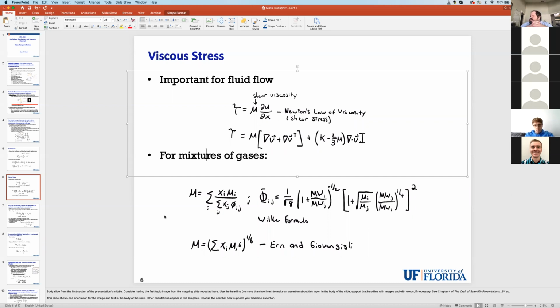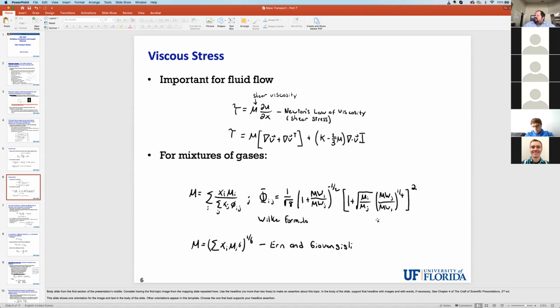And if you want to compute a mixture averaged shear viscosity, the so-called Wilke formula is very commonly used, where it's this crazy sum inside of another sum here, and you've got this really complicated phi ij term that you need to compute.